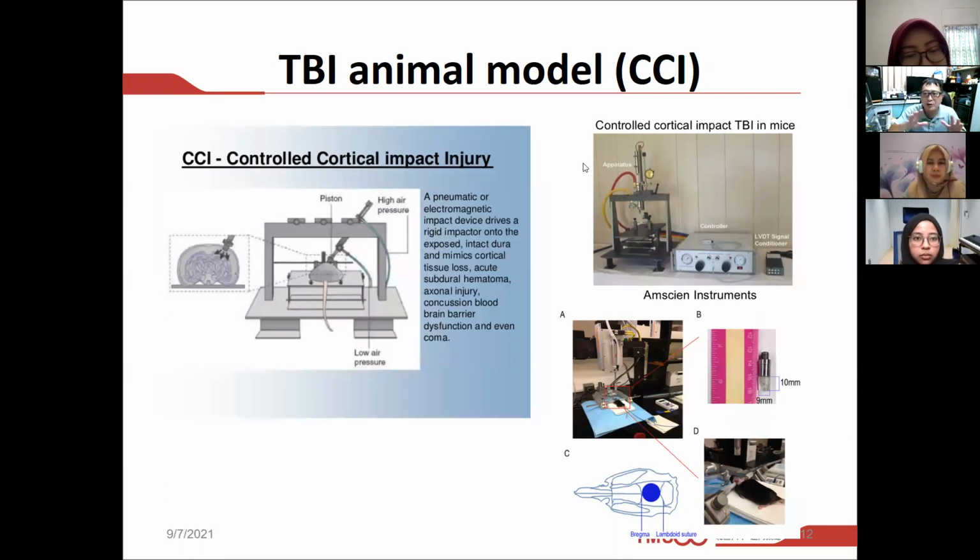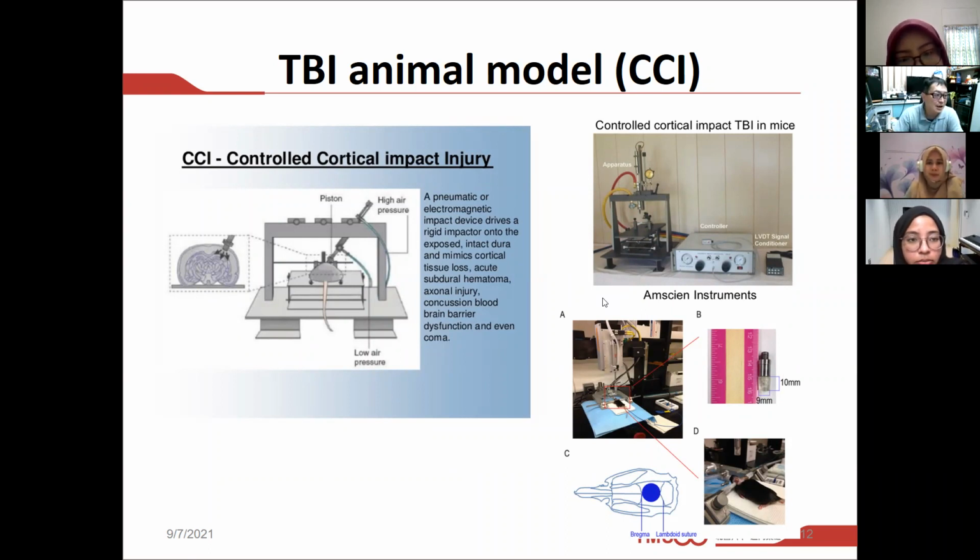So we can calculate everything and hit certain parts. So it's repeatable. Every mouse will receive the same impact at the same spot, and then it allows us to do experiments.